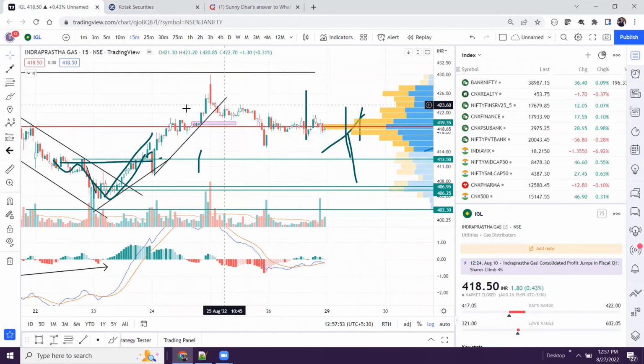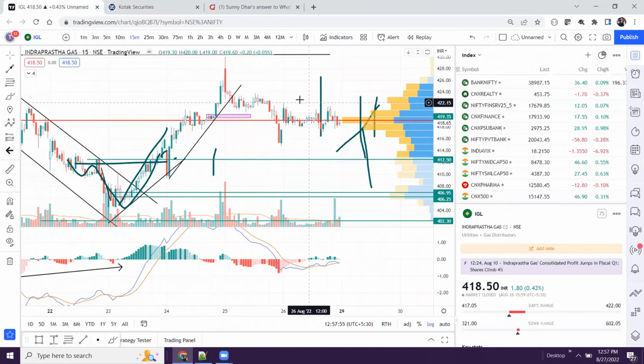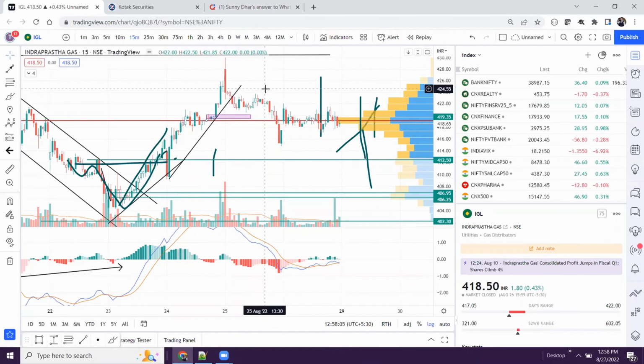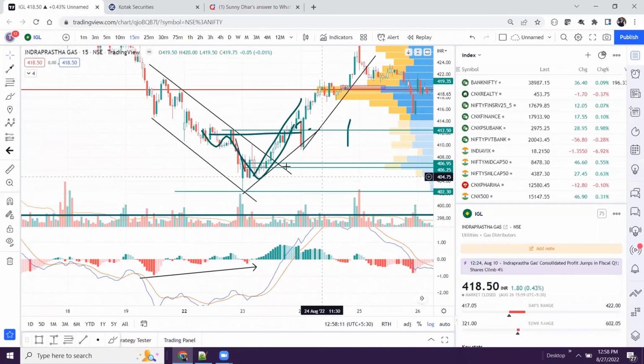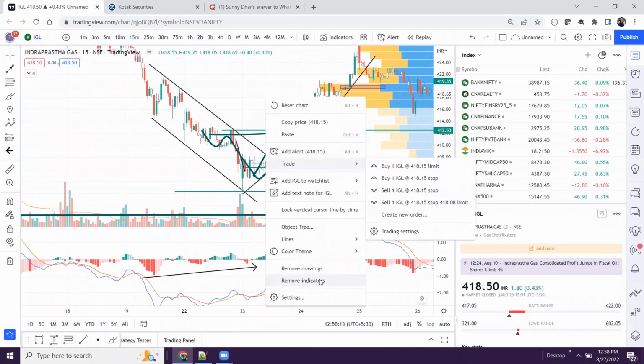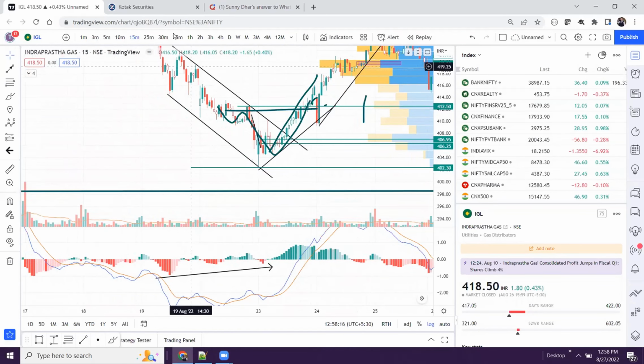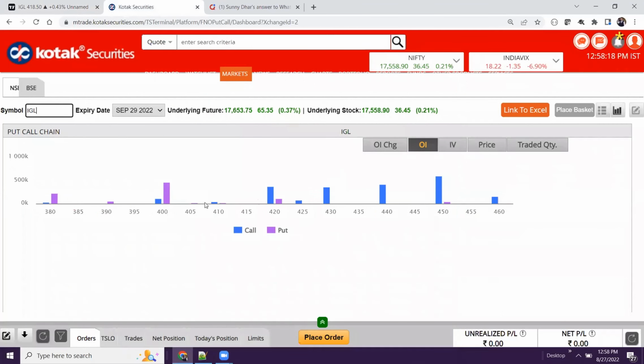Is it getting clear, or are there doubts? Sir, you mentioned that 400 to 420 is the range, so you bought at 400 and sold at 420, right? I didn't buy at 400. Like I said, I don't check just the data.